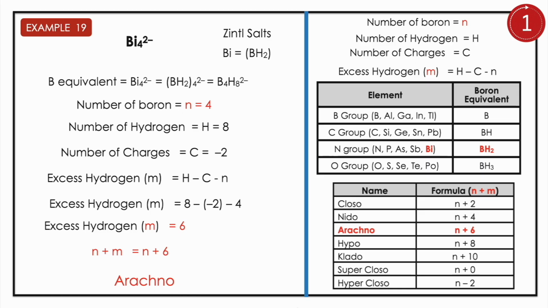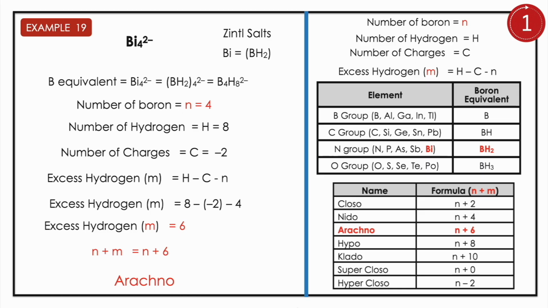First step will be counting the boron. There are 4 borons, so N equals 4. Number of hydrogens is 8, so H equals 8. Charge is minus 2, so C is minus 2. Excess of hydrogen will be M equals H minus C minus N, which gives 8 minus minus 2 minus 4.